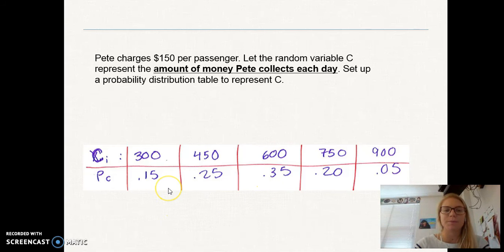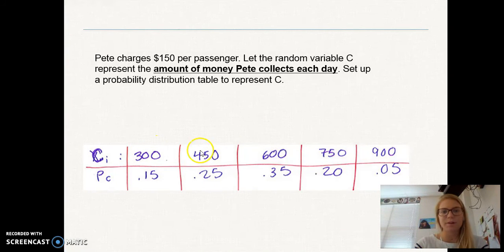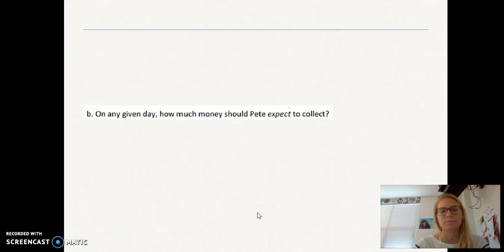This was still the probability for having 2 people, 3 people, 4 people, 5 people, 6 people. So try to anticipate how much money he can expect to collect. Then take these values, plug them into L1 and L2, and see what you come up with. If you want to pause the video now and do that, go ahead.